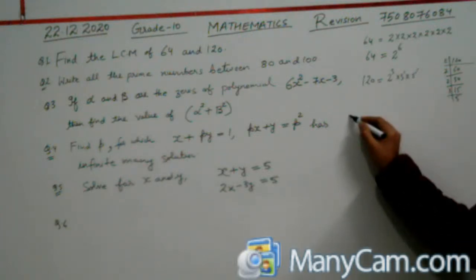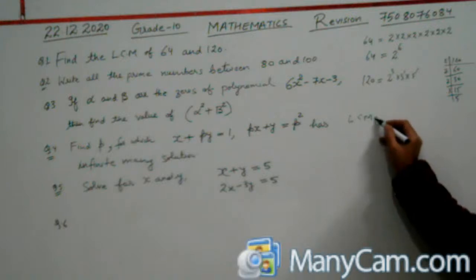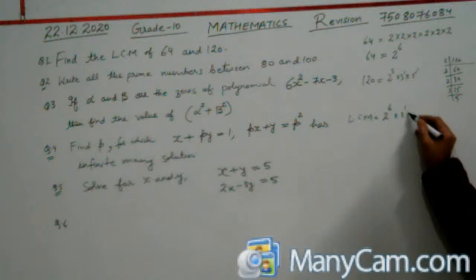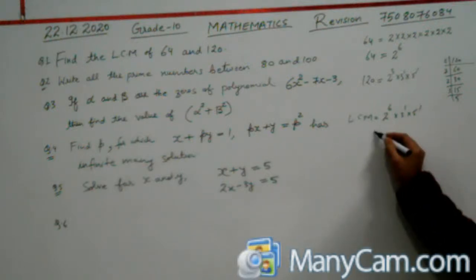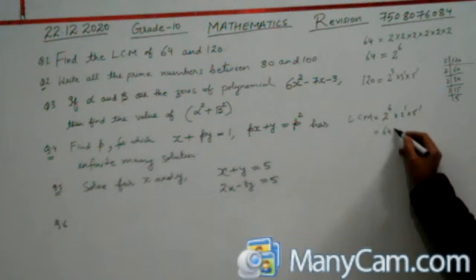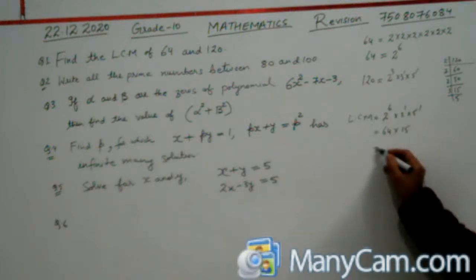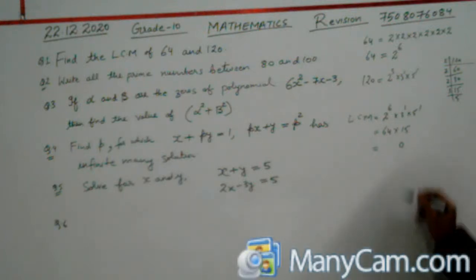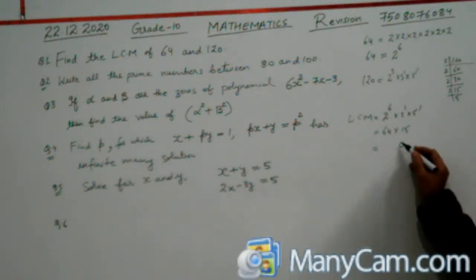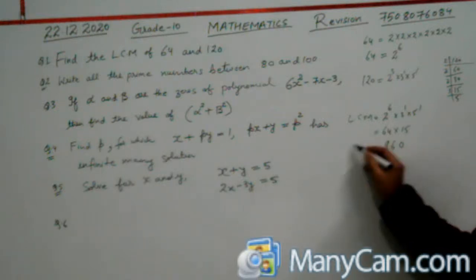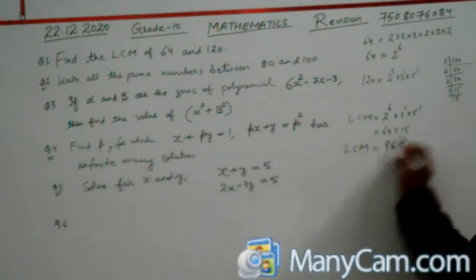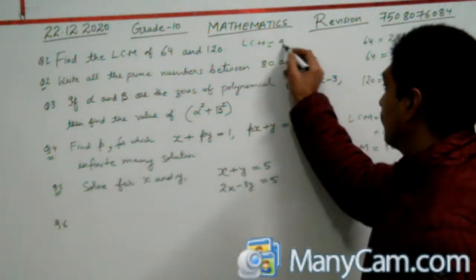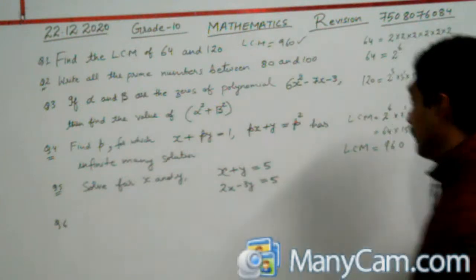The LCM takes the highest powers: 2 raised to power 6, 3 raised to power 1 and 5, so 64 into 15, which is 960. She is very right. The LCM here is 960.